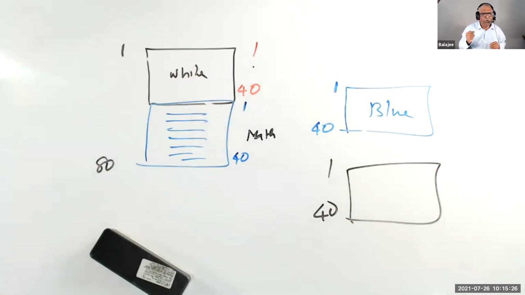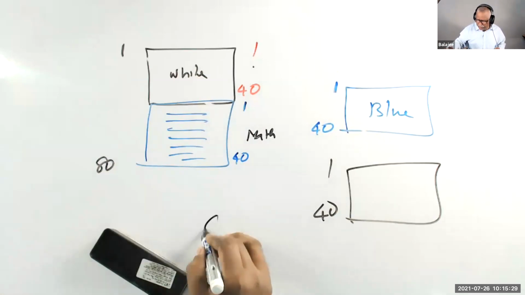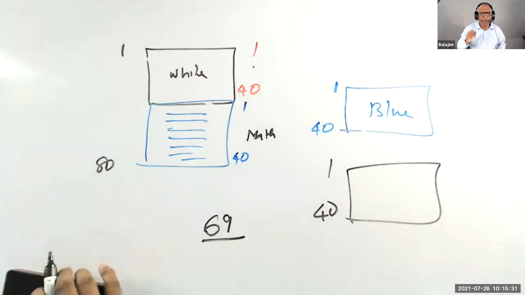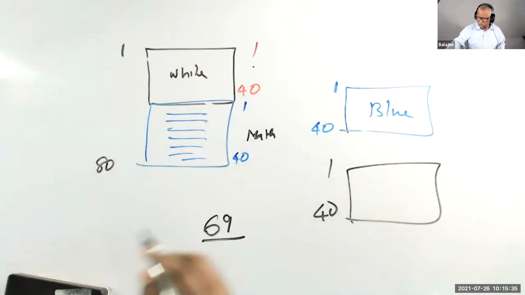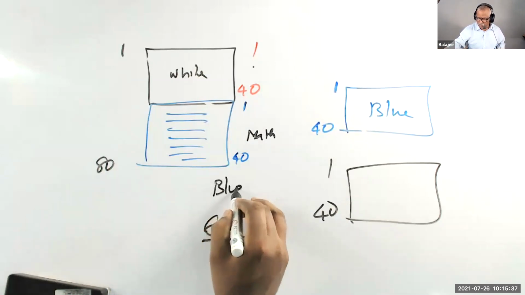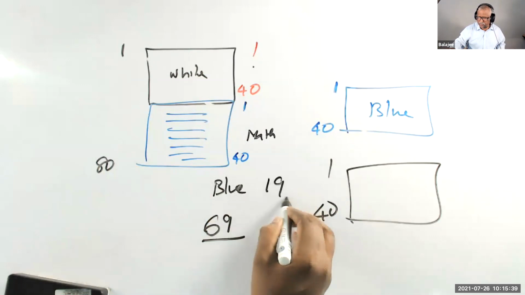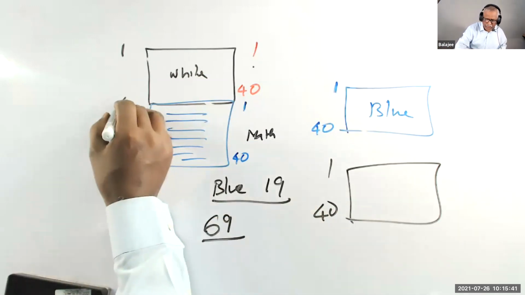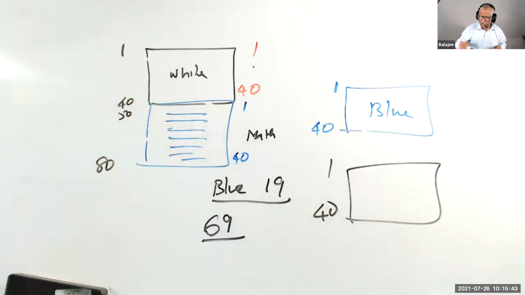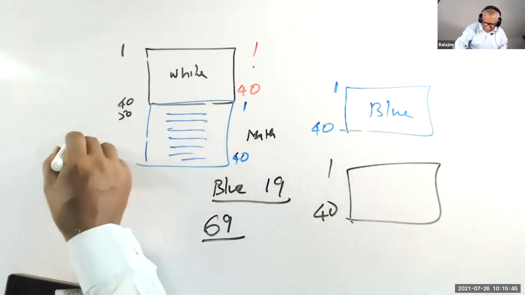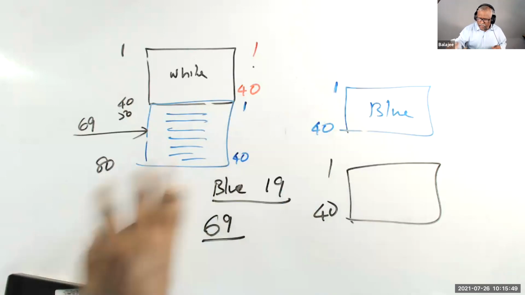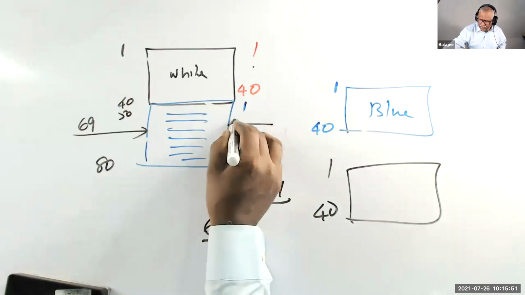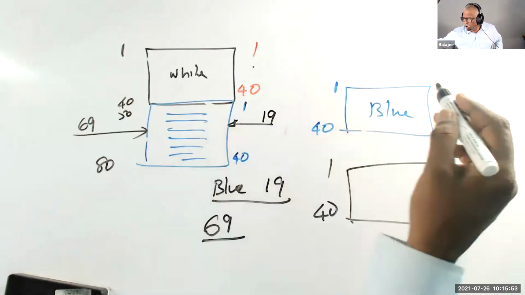But when your teacher says go to the 69th page, you know that the 69th page is in the blue part, because the white one ends at 40. It starts at 41, so actually 69 comes here. But that also has a page number on the individual book.